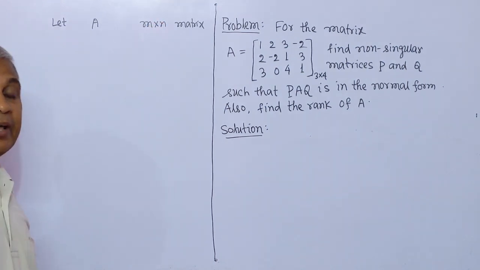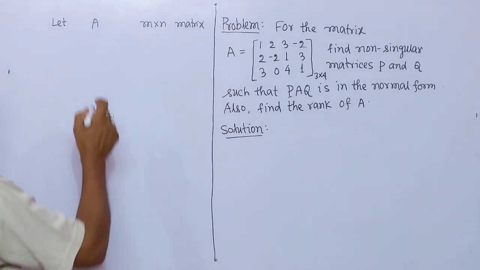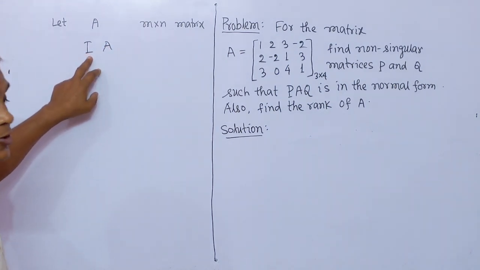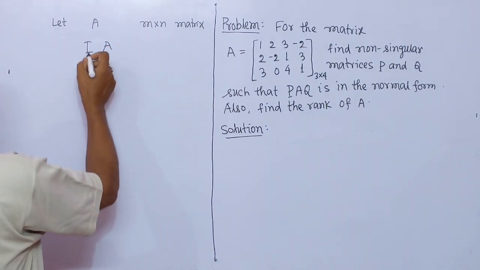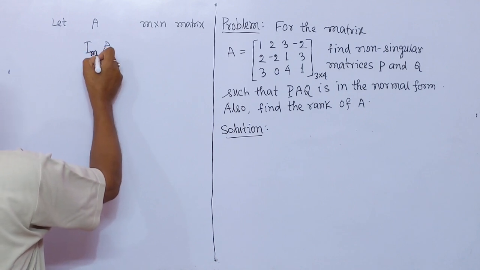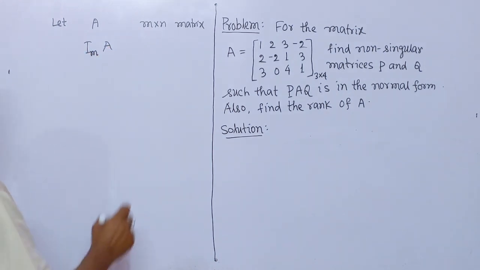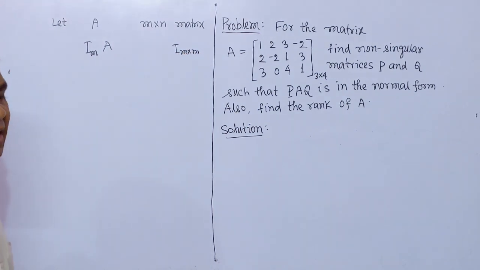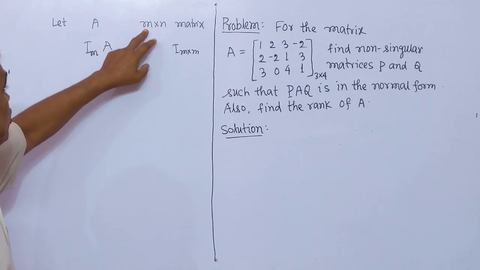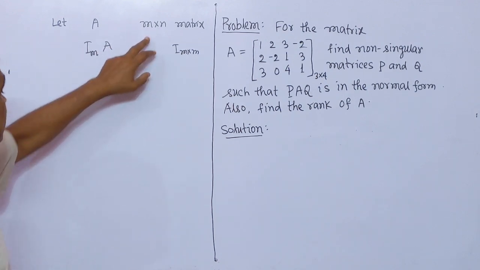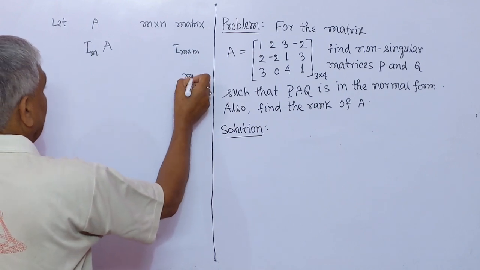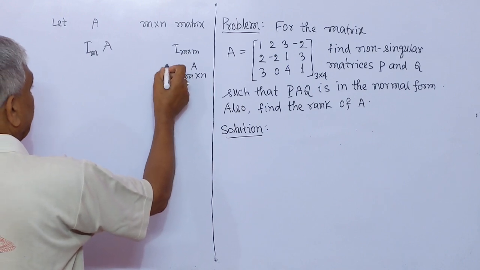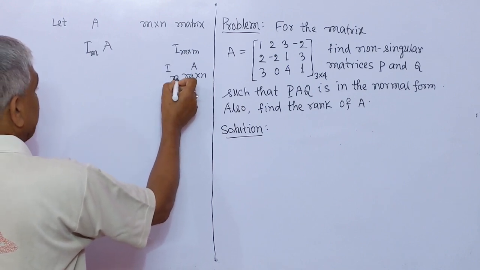If we pre-multiply this matrix A by a unit matrix, this unit matrix must be of size m by m, the unit matrix of order m, because the number of rows of A is m, so the number of columns of the unit matrix must be m.